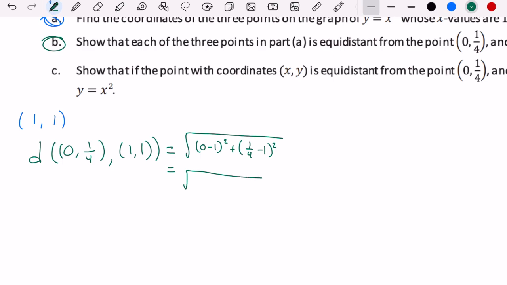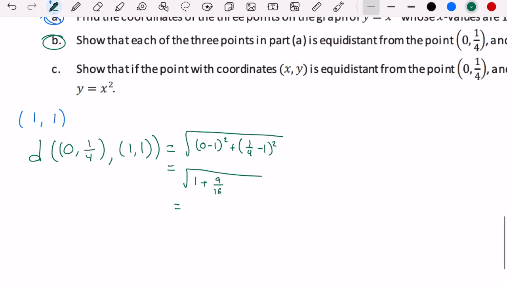And that is nothing but the square root of 1 plus (3/4) squared, so that is 9/16. And 9/16 plus 1 is 25/16. Am I right? Yes. So this is the square root of 25/16, so this is 5/4.